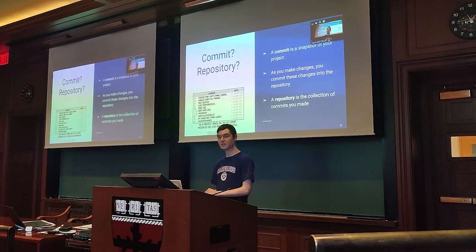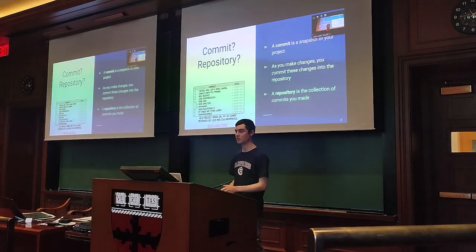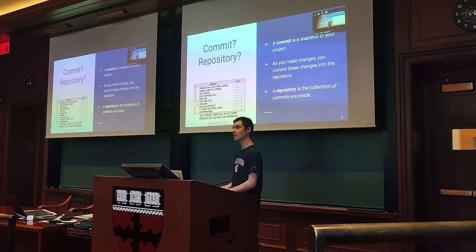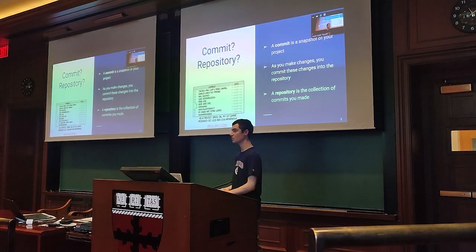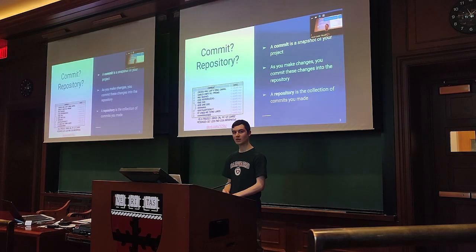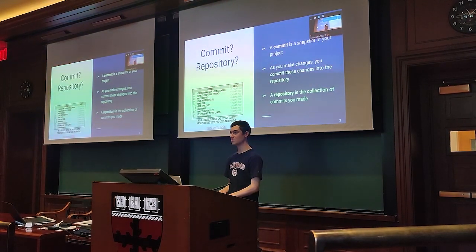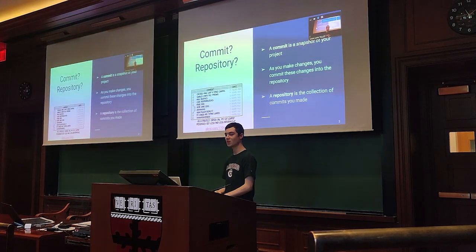So what is Git? Git is a command line utility, as I will show you later, which is used to track the different versions of text files. It was created a few years ago by Linus Torvalds, who is also famous for the Linux kernel.